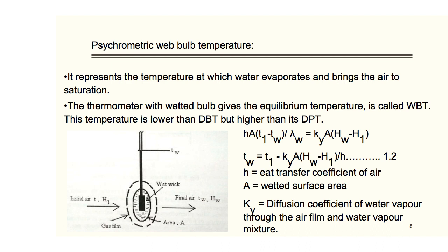We'll see during the psychrometric chart reading how this wet bulb temperature is measured by reading the psychrometric chart. So the incoming air takes moisture from this wetted cloth and leaves at higher humidity.